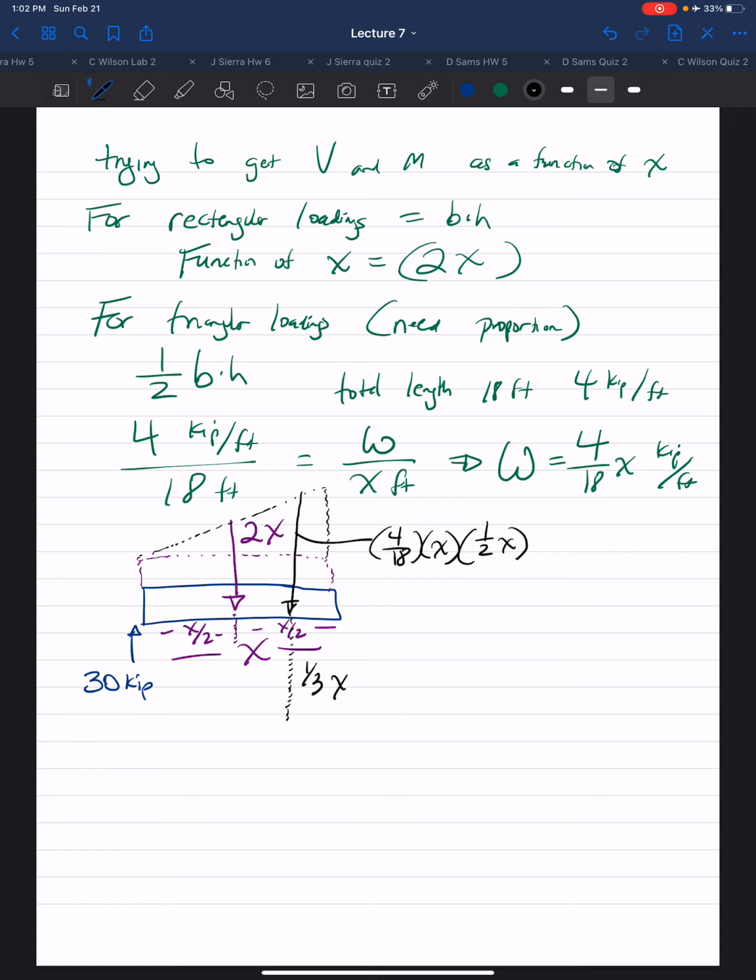So once again, the area under the triangular curve would be 1/2 the base, which is 1/2 x, times the intensity, which is 4/18 times x.